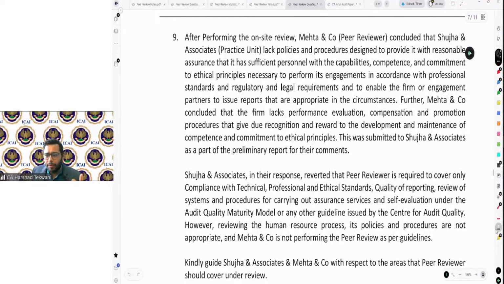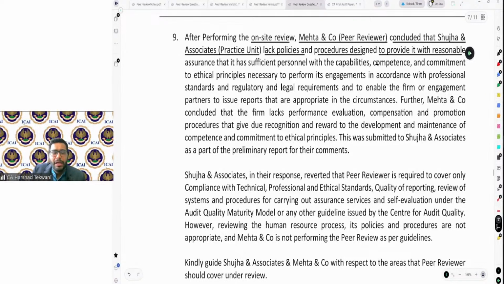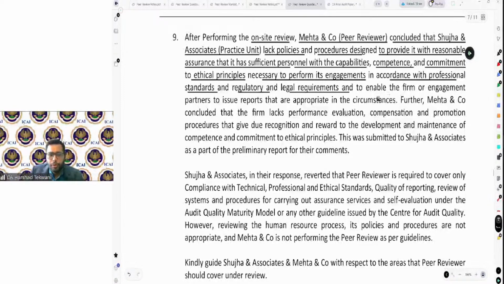After performing the on-site review, Mehta and Company, the peer reviewer, concluded that Sujai and Associates' practice unit lacks policies and procedures designed to provide it with reasonable assurance that it has sufficient personnel with capabilities, competencies, and commitment to the ethical principles necessary to perform its engagements in accordance with professional standards and regulatory and legal requirements, to enable the firm or engagement partners to issue reports that are appropriate in the circumstances.